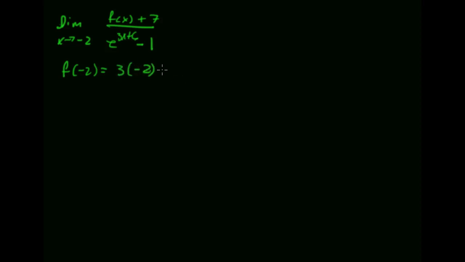So part D here says the limit as x approaches -2 of f of x plus 7 over e to the 3x plus 6 minus 1. All right, so note f of -2 is equal to 3 times -2 plus the integral from 0 to -2 of g of t dt.